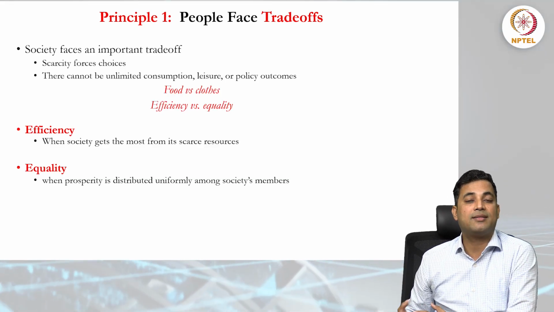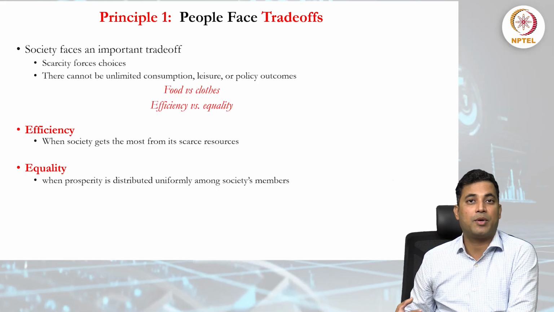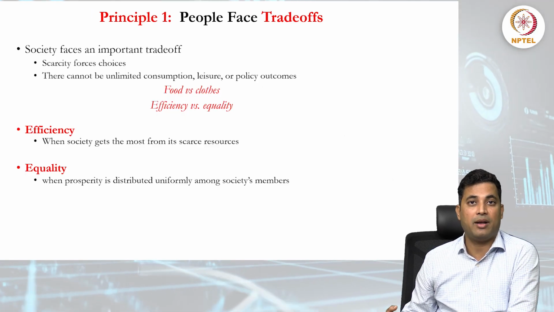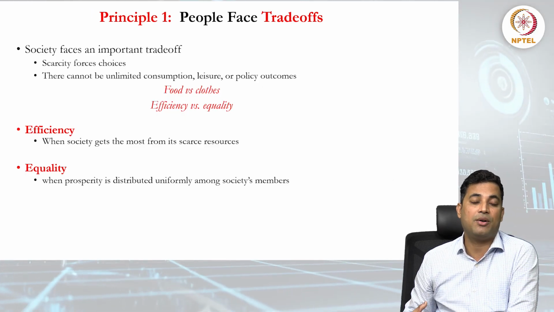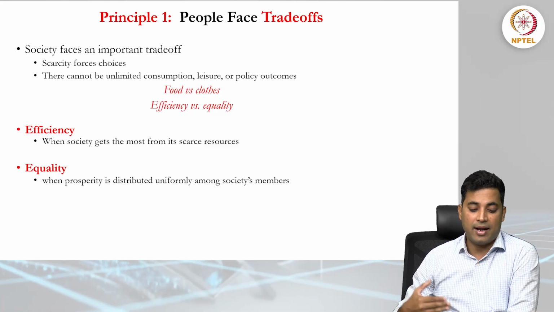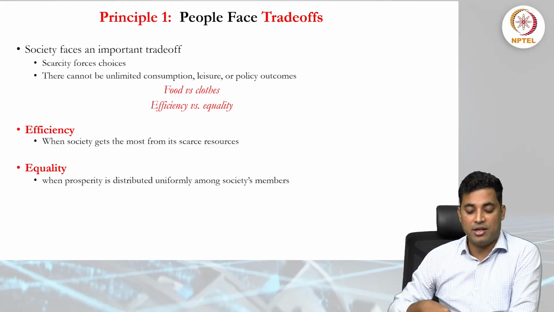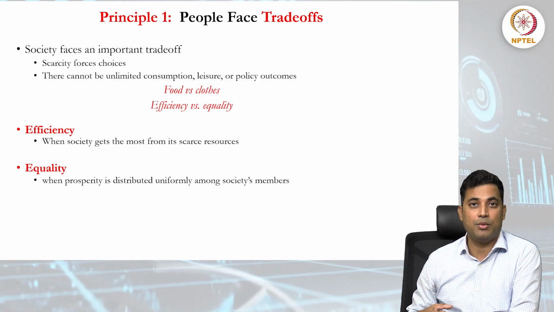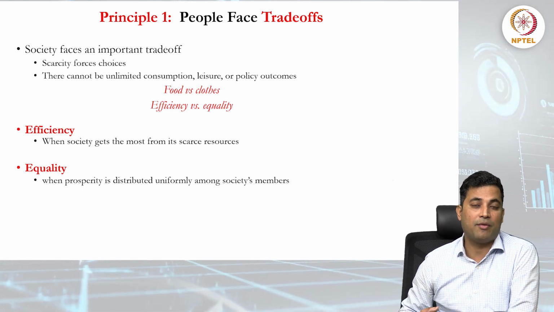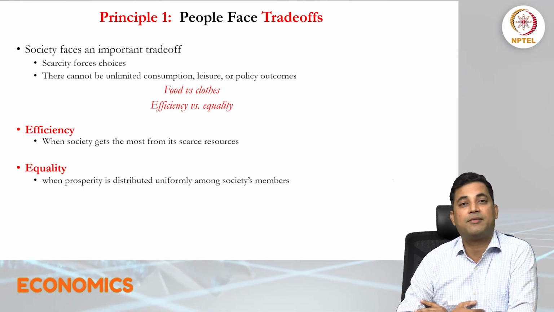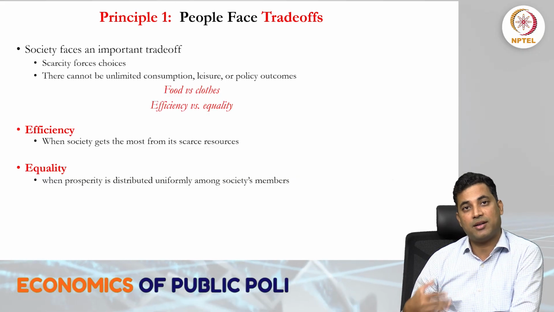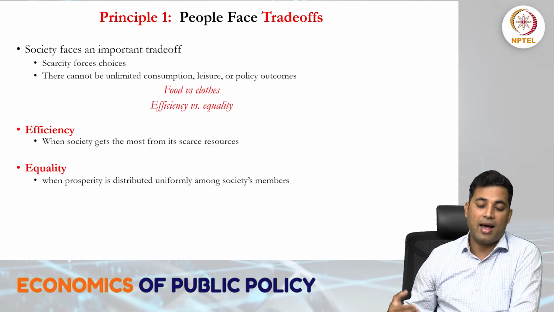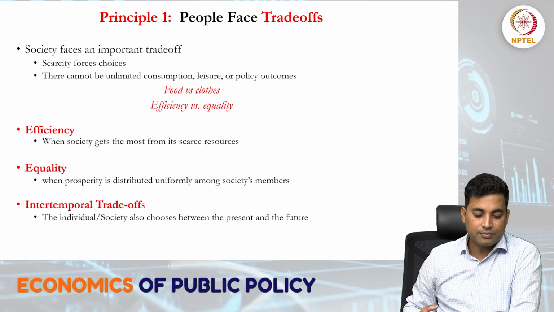So in statistics we always call it type 1 and type 2 errors while identifying deserving poor. And here, when we talk about equality and uniform distribution of the resources within a targeted group, if you are talking about poverty alleviation programs, it is very important to understand trade-off, choice and opportunity cost.